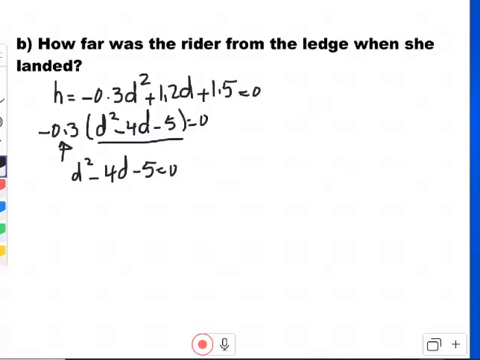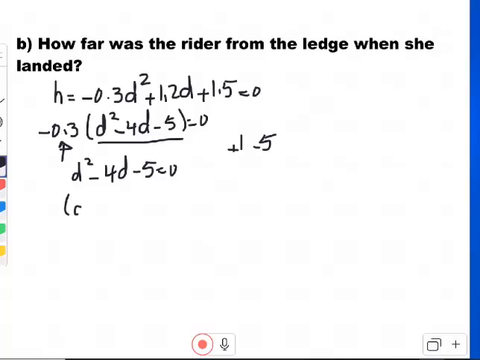So I get D squared minus 4D minus 5 is equal to 0. There is no common factor and the leading coefficient is 1, so I'm going to find two numbers that the product is 5. Those two numbers are 1 and 5, that's it. And I want the sum to be negative 4 and the product negative 5. So this means if this is negative 5 and this is plus 1, negative 5 times 1 is negative 5, negative 5 plus 1 is negative 4.